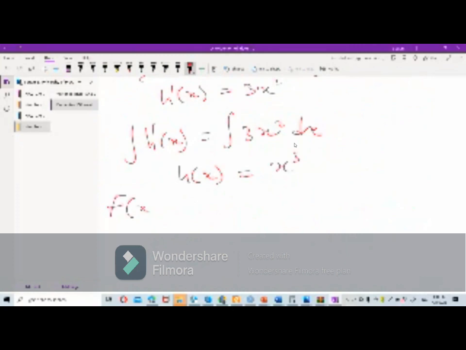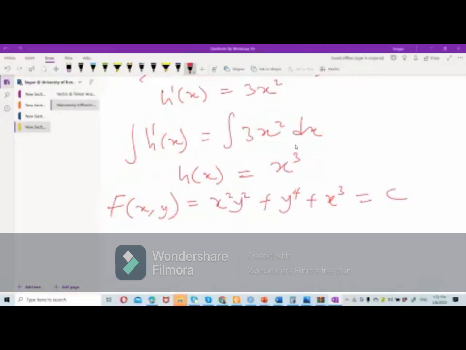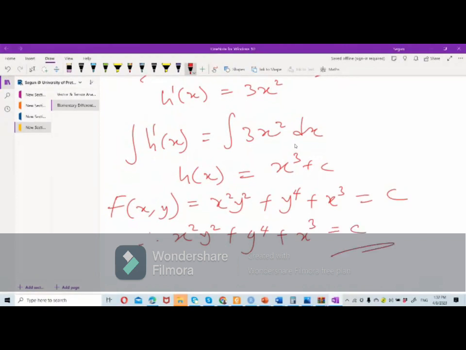And f of x comma y will be equals to x squared y squared plus y raised to the power 4 plus x cubed equals to c. So therefore, x squared y squared plus y raised to the power 4 plus x cubed equals to c. Let's settle it.